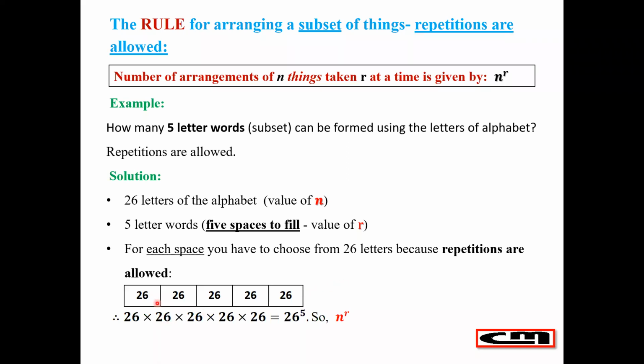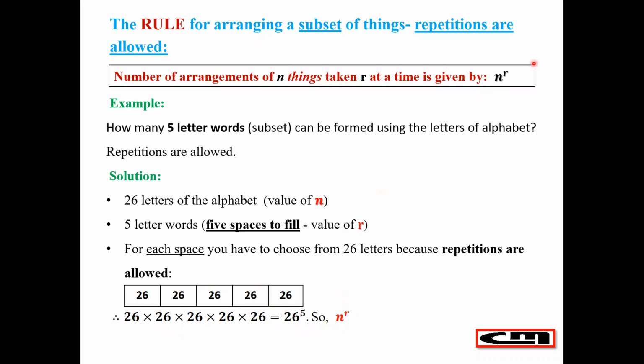So we are simply saying, using the fundamental counting principle, 26 times 26 times 26, 5 of them. The shortcut for repeated multiplication is writing this in powers of 26, because that's the repeated number which we are multiplying with. So this is the same as 26 to the power of 5.